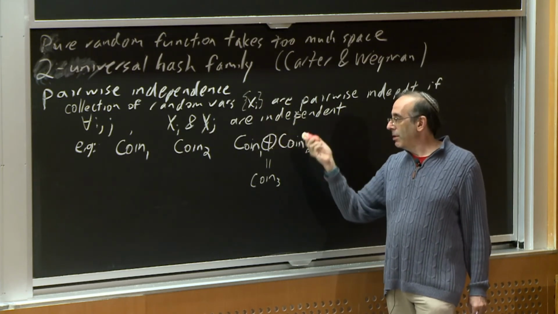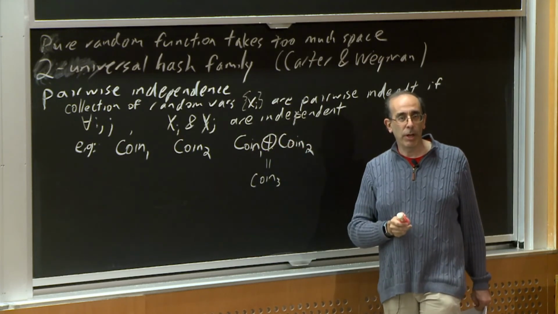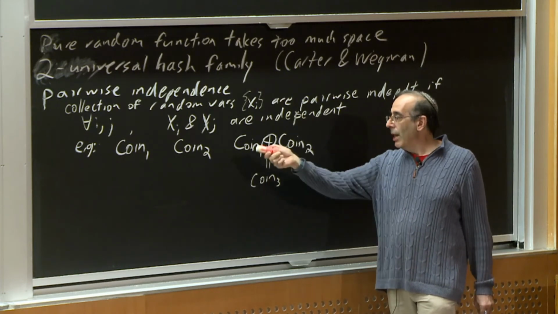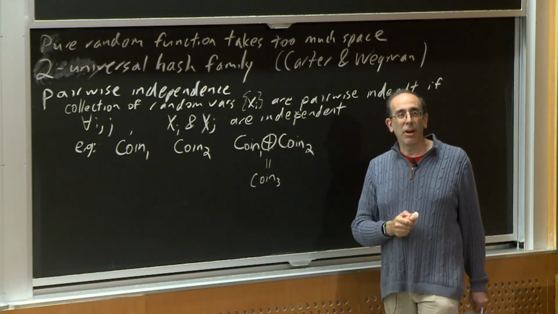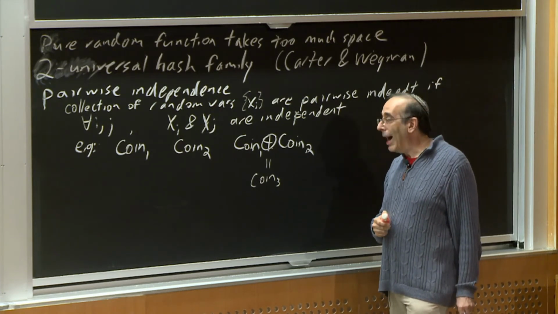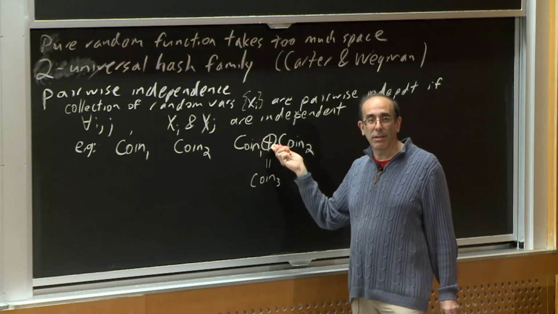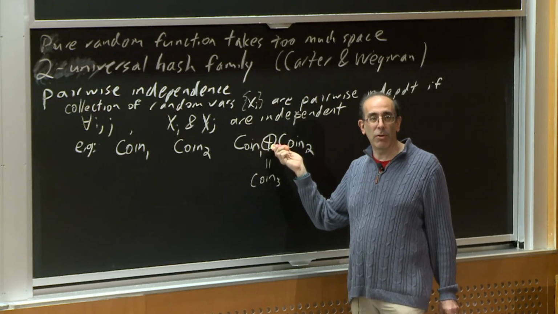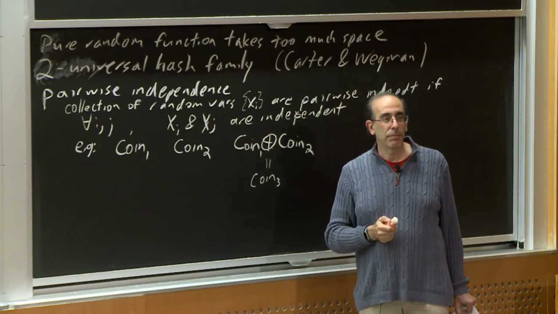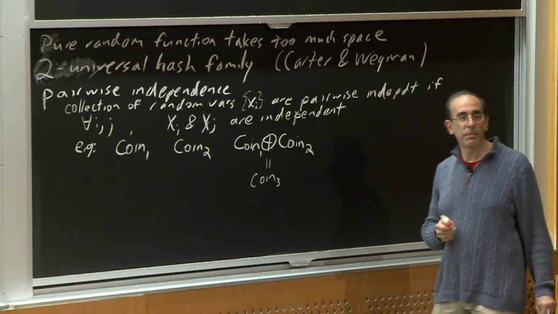So the distribution of coin 3 is 50-50 unbiased, no matter what the value of coin 1 is. And the same is true for coin 2 versus coin 3. So any pair of these coins are mutually independent. Okay. But coin 3 can be determined deterministically given coin 1 and coin 2. So the 3 coins are not mutually independent. Is that clear?